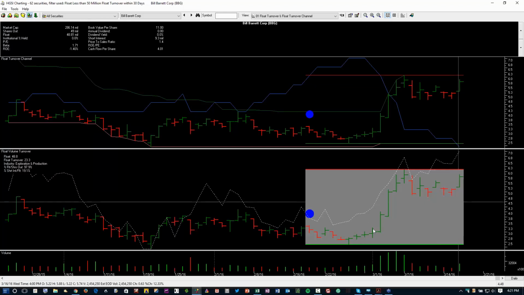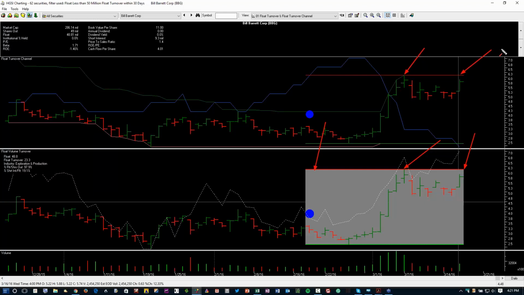This is now the current float turnover period, represented by this gray box. So it encompasses from here to here. Now, if you go along with that theory that when the float turnover is finished and if it breaks past the current high, which is represented here and here, this would be an opportune time to buy this stock, especially if the buying pressure continues.